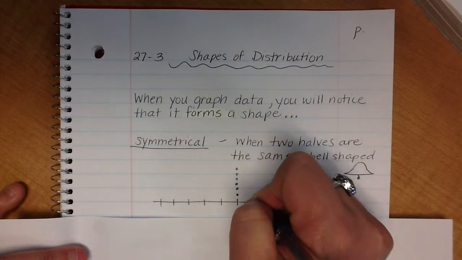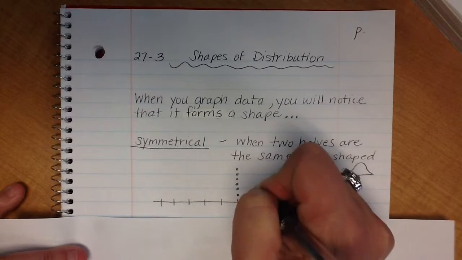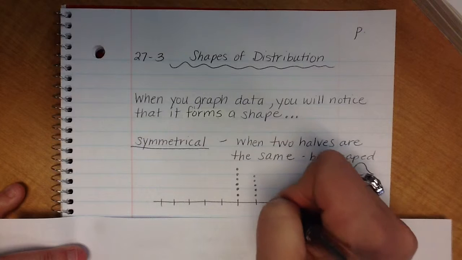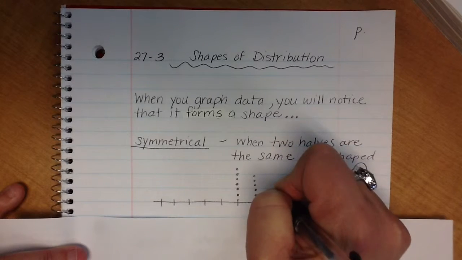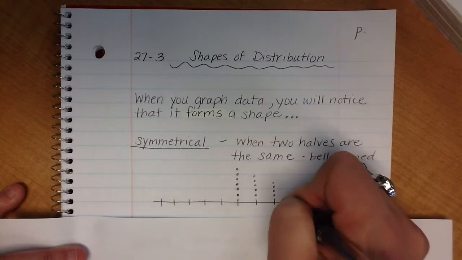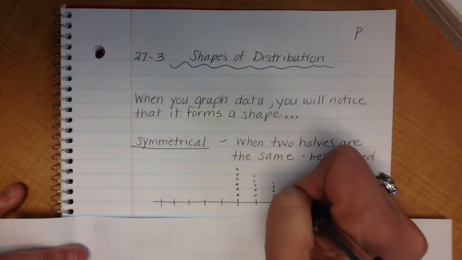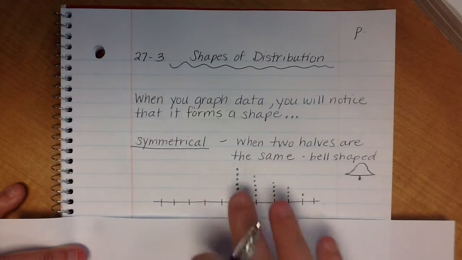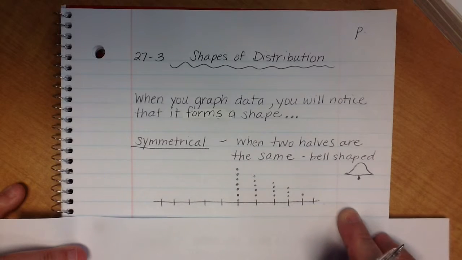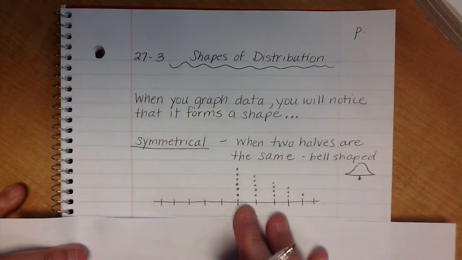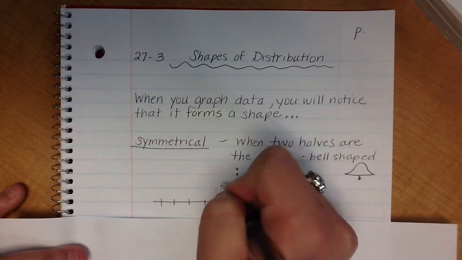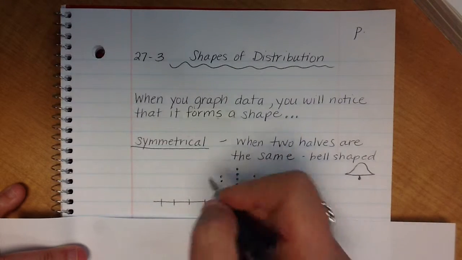And to the right of that, there would be fewer, and to the right of that, there would be fewer, and so forth and so on. So it would curve down in this way. To the left of the center, the data would also be less.